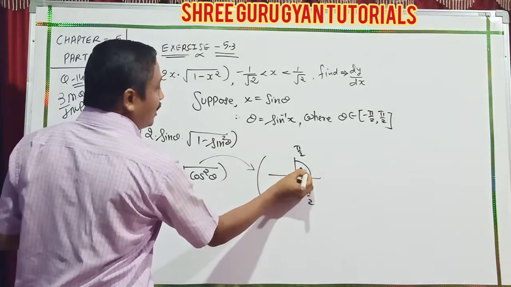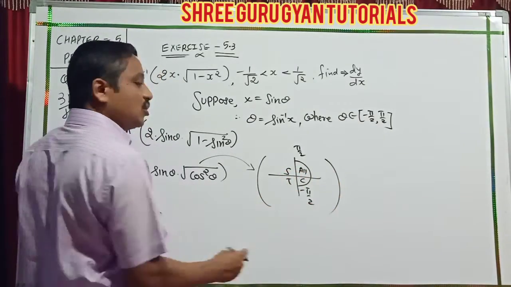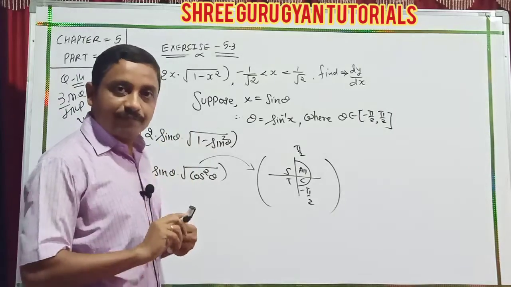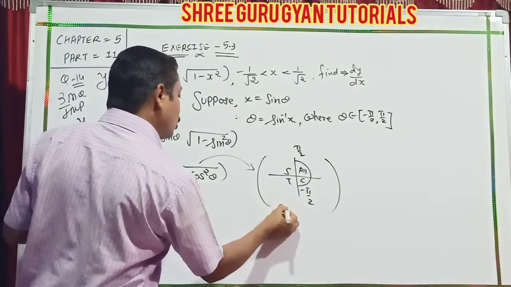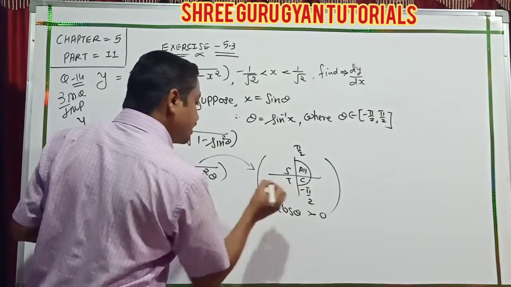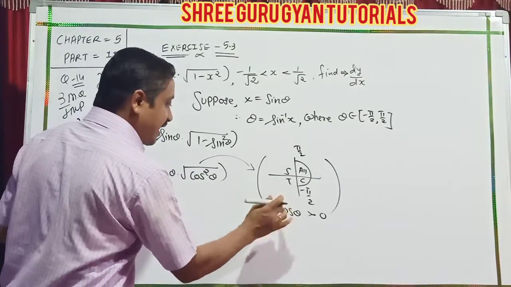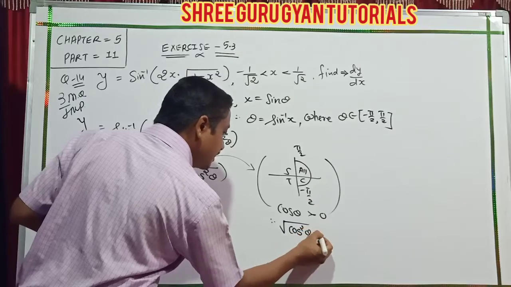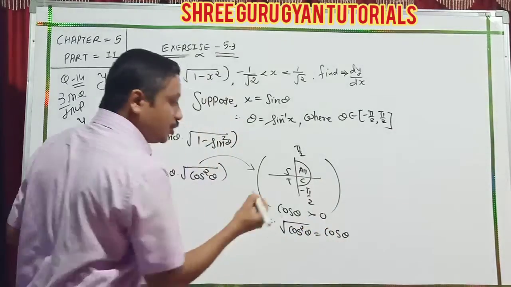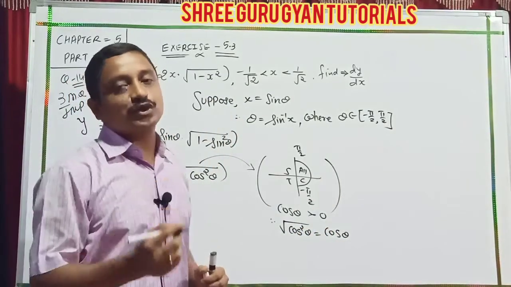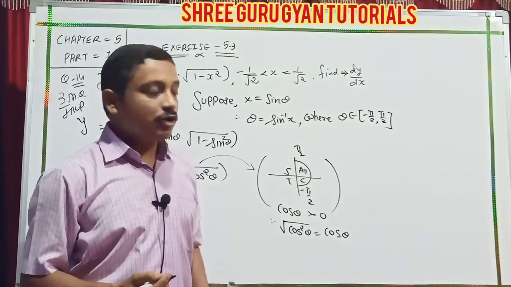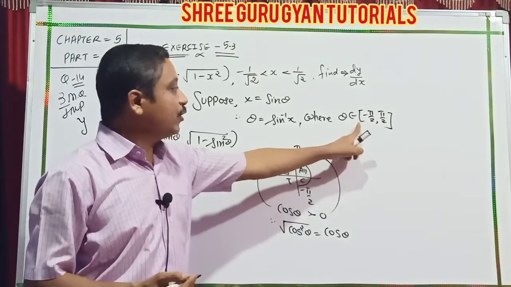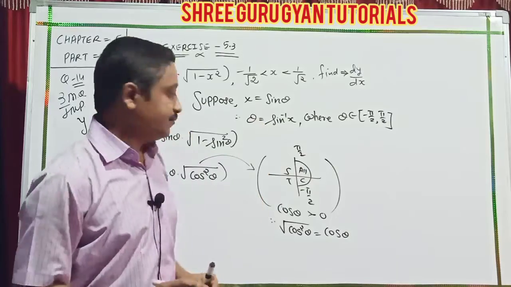They cover the first and fourth quadrant, where cos theta is definitely positive, students. That's why under root cos square theta is only cos theta. You don't write minus cos theta, because in the first and fourth quadrant, according to the condition, it is positive.